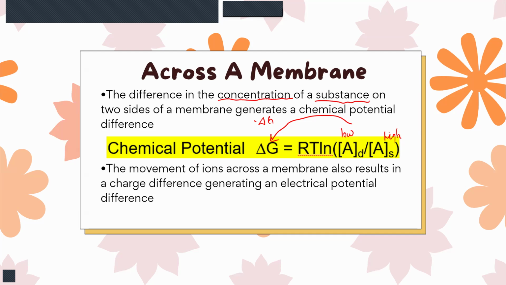Is it equal? Well, let's think about this. If the concentrations are equal to one another, RT ln... or sorry, not 0. I got ahead of myself there. The natural log of 1 is going to be 0. Okay.